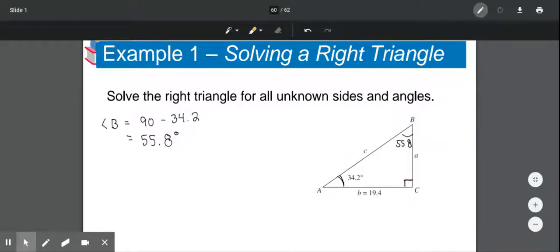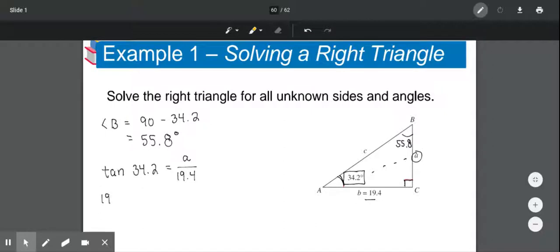Then we're going to use some right triangle trig to find sides A and C. Let's start with side A. I'm going to use the angle measure they gave me because I know that's correct for sure. I want to find the opposite side, and I'm given the adjacent side, which means I'm going to set up a ratio for tangent. So the tangent of 34.2 equals A over 19.4.